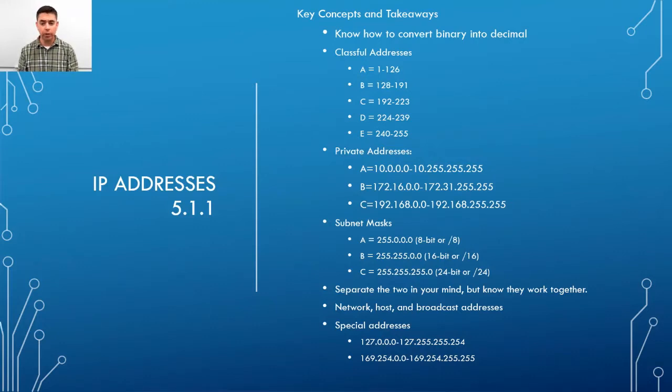Then you have your special addresses within the various classes, and those special addresses are the 127 range, which that whole range is dedicated to loopback. So if you need to test a NIC, you could open up command prompt and ping 127.0.0.1, and what that does is it sends a packet to your NIC on your computer and waits for a response.